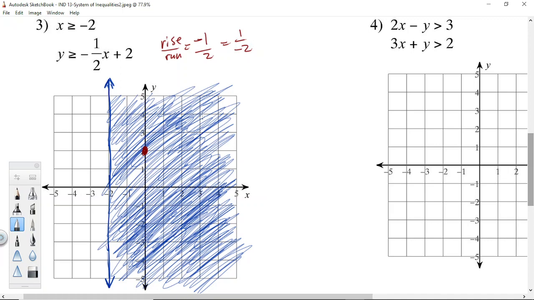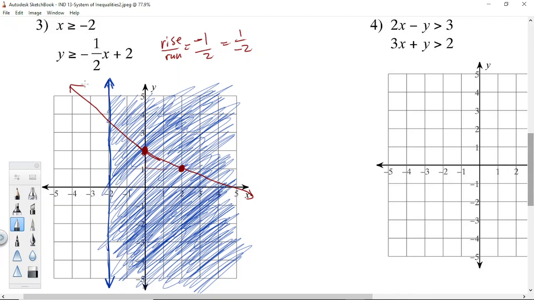So let's do the first one. Rise of -1, run of 2 gets us to right here, and we're going to graph that. And this time it says greater than or equal.